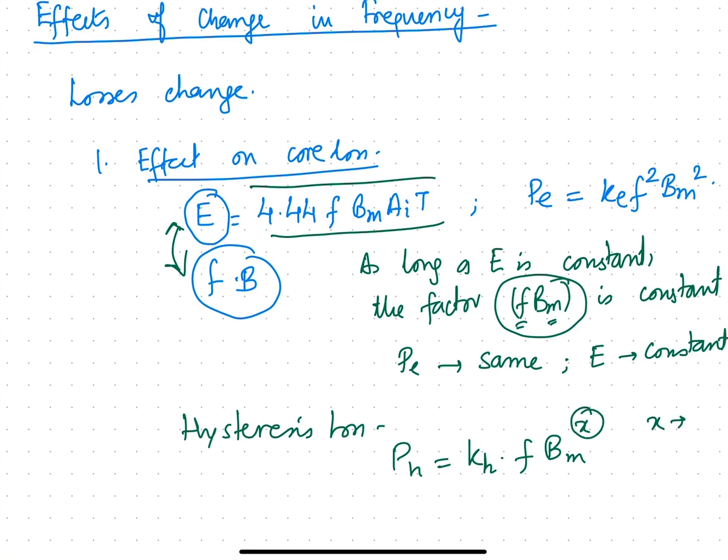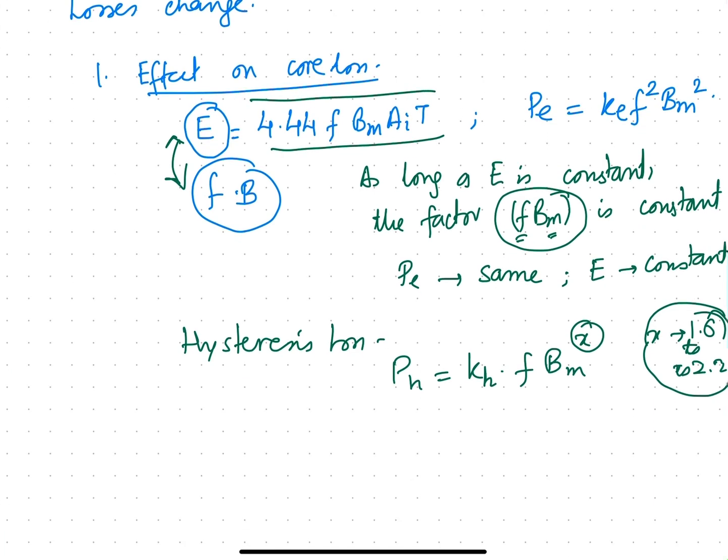This x I introduced earlier, it's around 1.6. Here, x can take the value from 1.6 to 2.2. So depending on the nature of the magnetic material, the hysteresis loss takes the following form.